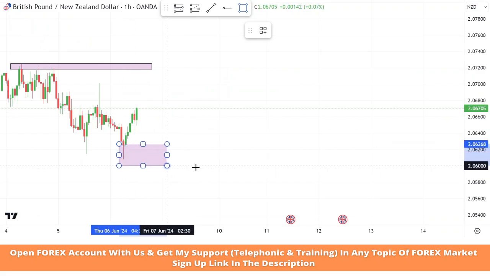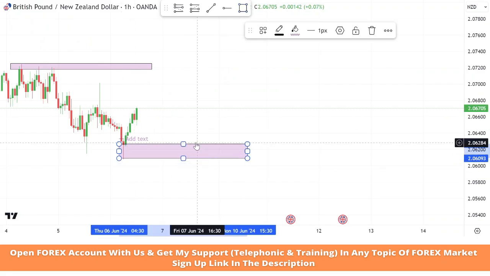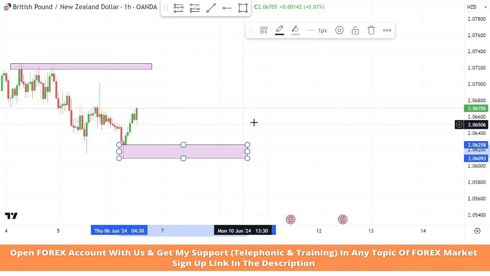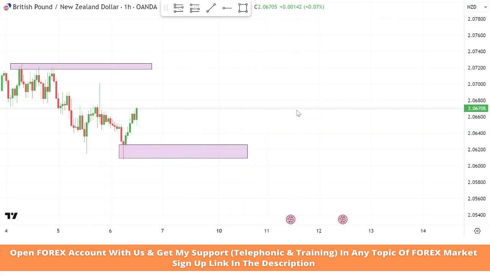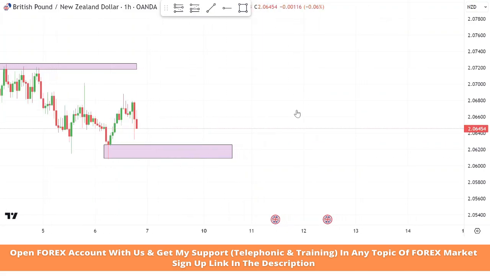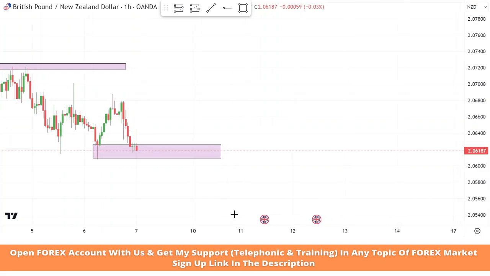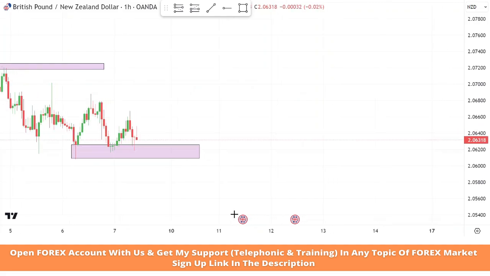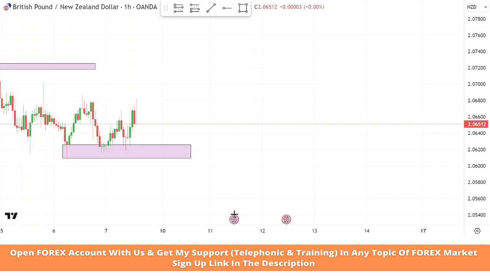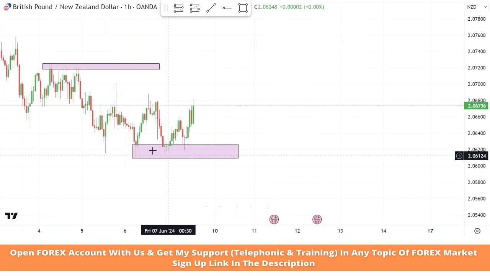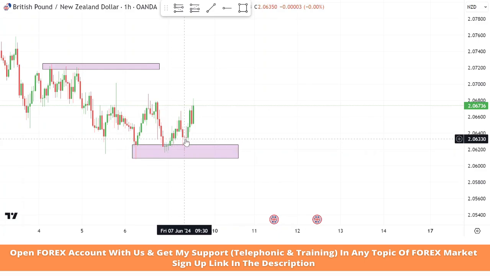We will draw support zone as well to take profitable trades. Again, we got a confirmation from our support area because market face rejection on it.